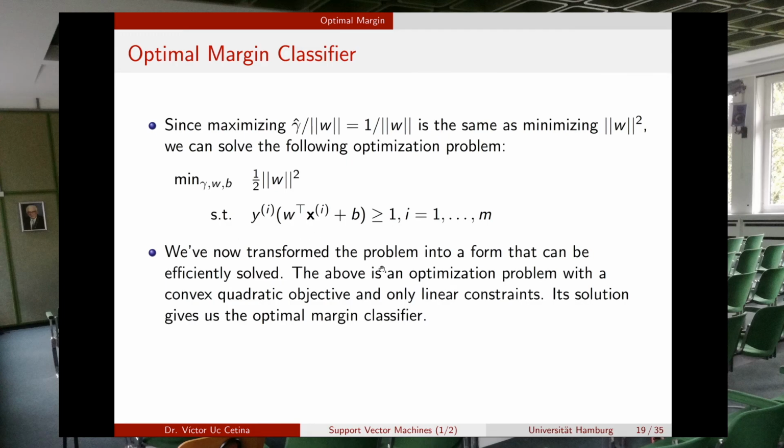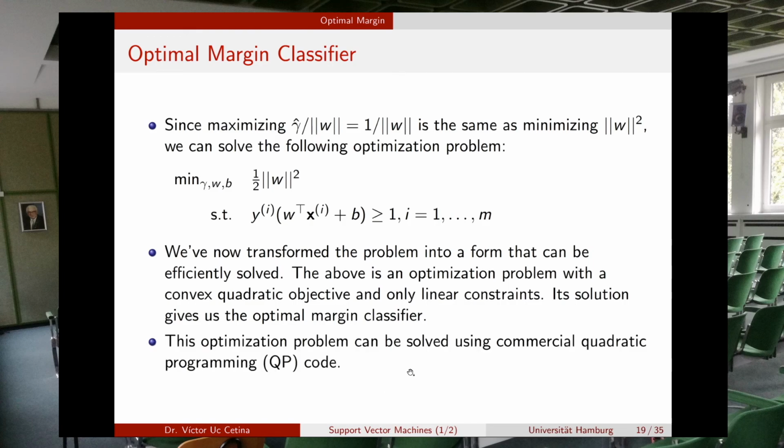So we have now transformed the problem into a form that can be efficiently solved. This problem now has a convex quadratic objective, and the constraints are linear. And if you solve this, you will get the W and the b that represent the optimal margin.